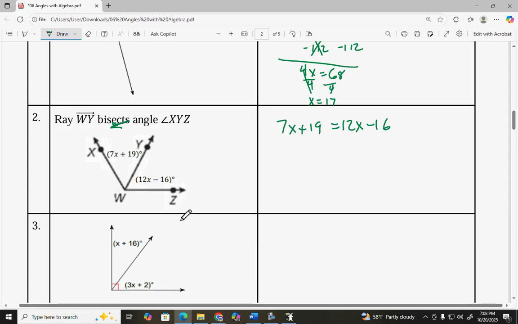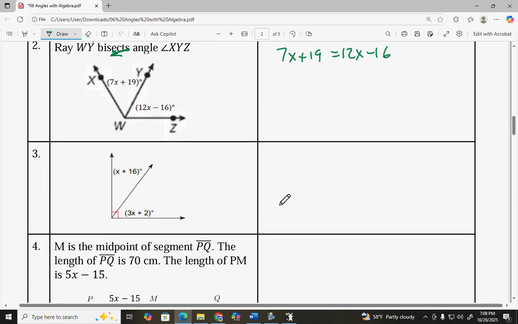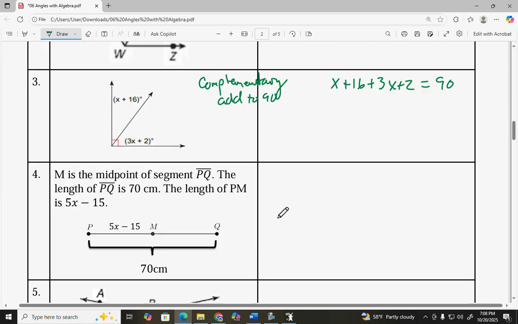You'll finish the rest. This is a picture of complementary, which means it adds to 90. So you would do the x plus 16 plus 3x plus 2 equals 90, and you would solve it. So I'm going through this a bit quick.